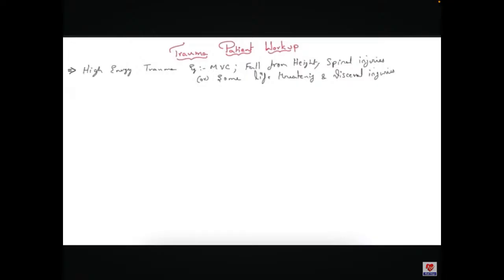If any person falls from a height, mostly we see spinal injuries and some life-threatening conditions, visceral injuries or cardiac tamponade. These types of accidents we can see in the accident and emergency department.